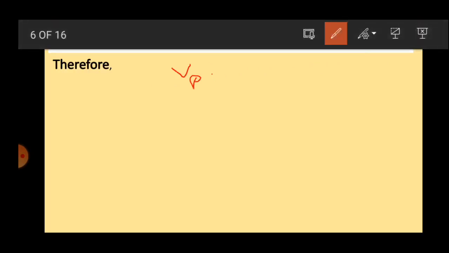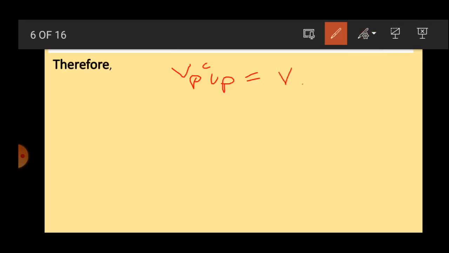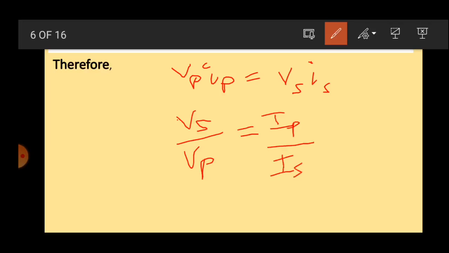Therefore, Vp Ip is equal to Vs Is. So Vs divided by Vp, which is Ip divided by Is, is equal to Ns divided by Np.